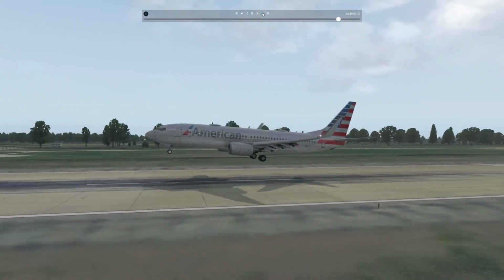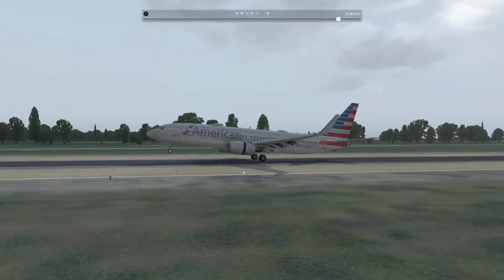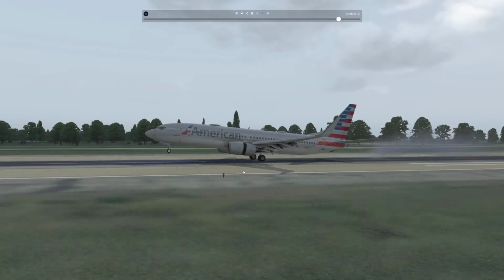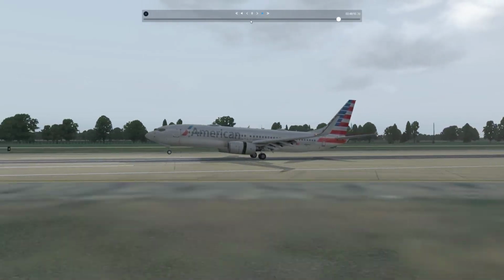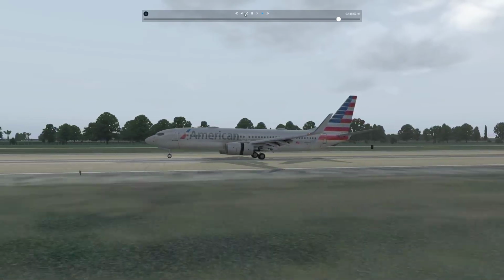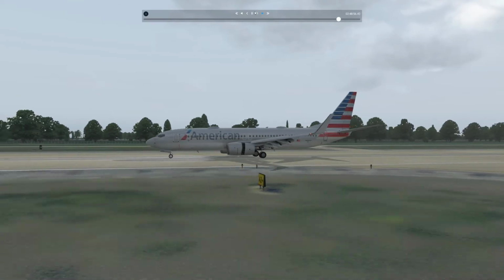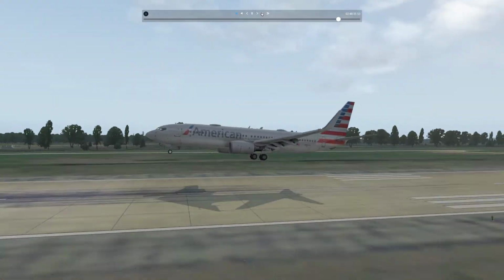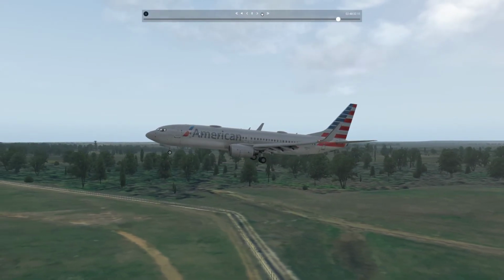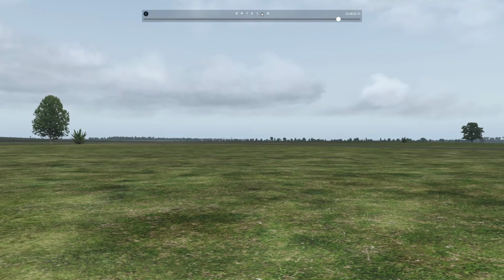Yeah, so I think we lost some speed as we were flaring, and we just basically dropped to the ground.